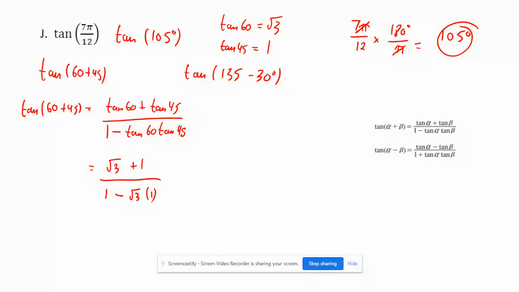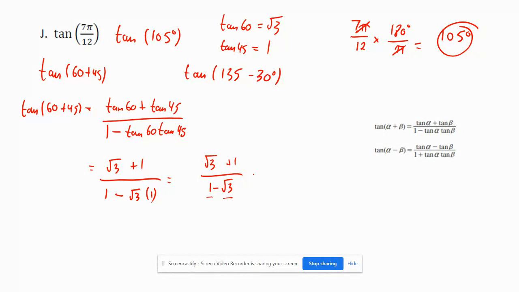Okay. Now, this is a bit of review from Math 20 here. I'm just going to rewrite this again. So this is what we have. In the bottom here, we have two terms. There's 1 minus root 3. Multiplying times square root of 3 over the square root of 3 is not going to work in this case, because if I do, I'd rationalize the second term, but then I'd unrationalize the first term over here.